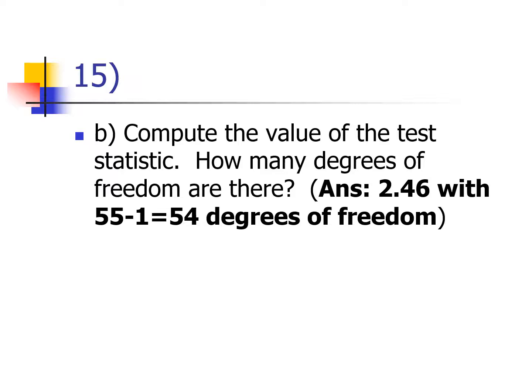And then it asks, what's our test statistic? We already saw it was 2.46. The book also asks what the degrees of freedom are. I talk about degrees of freedom a little bit in the narrated PowerPoint. The formula for degrees of freedom is always our sample size minus 1. If you look back at the previous slides, we had a sample of 55 doctors, so 55 minus 1, 54 degrees of freedom.